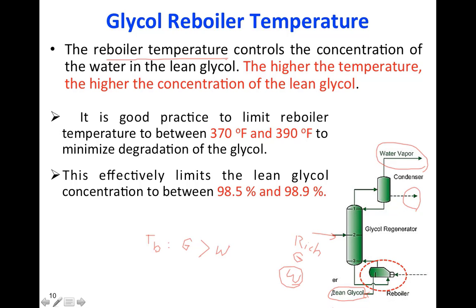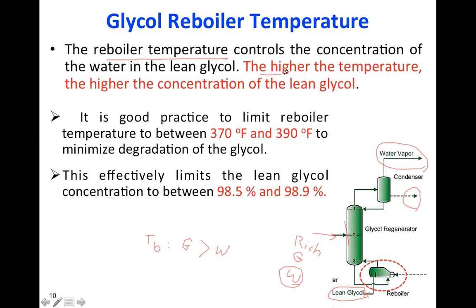It's not 100% glycol, because we cannot completely separate water and glycol in a distillation column. The water vapor and liquid phase have a little bit of glycol, and the glycol has a little bit of water. So the reboiler temperature can affect the concentration of water in this lean glycol.